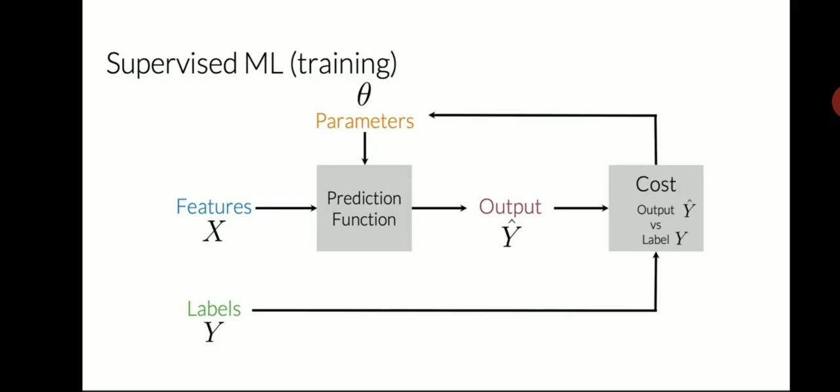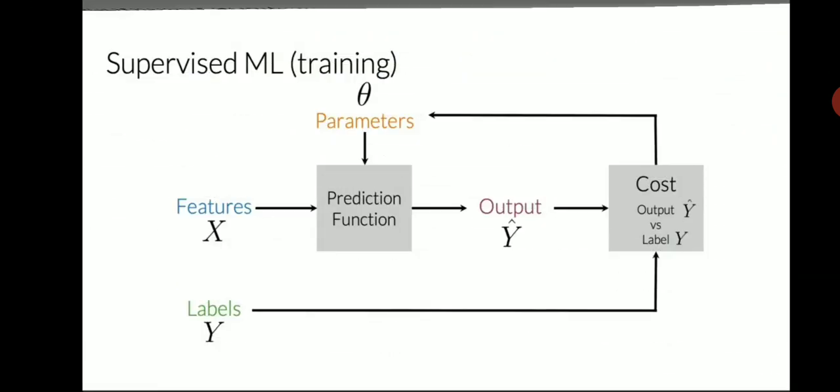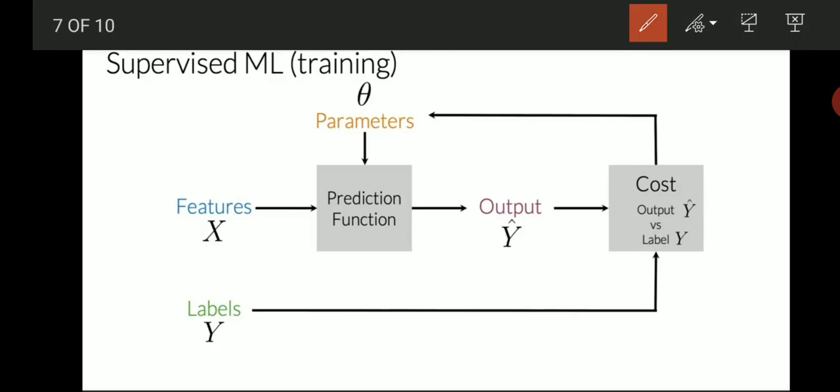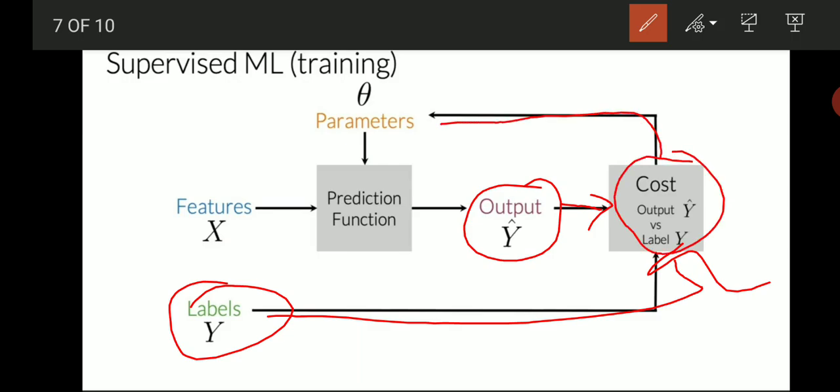So as I said, first we compute Y predicted or Y hat and compare it with the Y label or actual output, compare them using the cost function, then improve our theta.